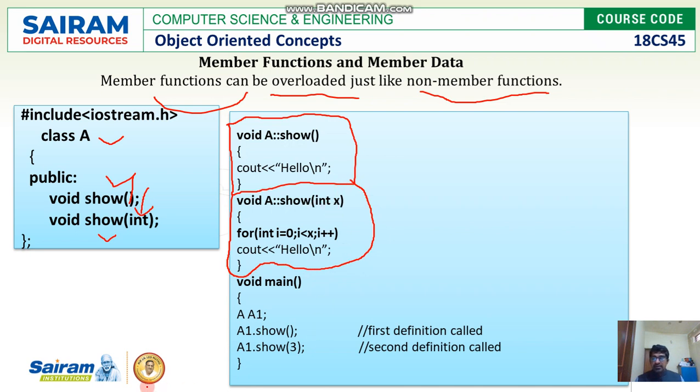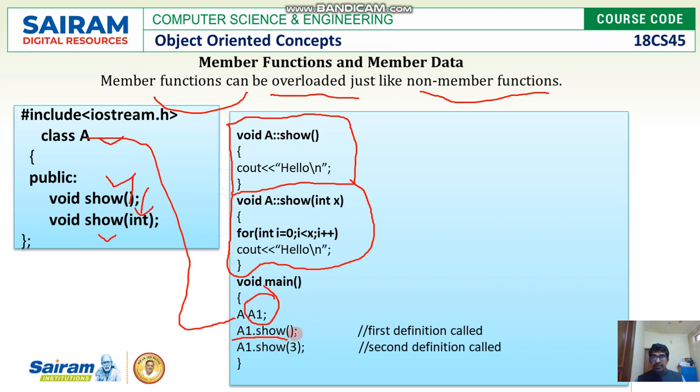Now look at the main function, where I've created an object of the class A. My class name is A, so a1 is a class variable, which is nothing but the object. Now using this object, I access the member functions, a1 dot show.